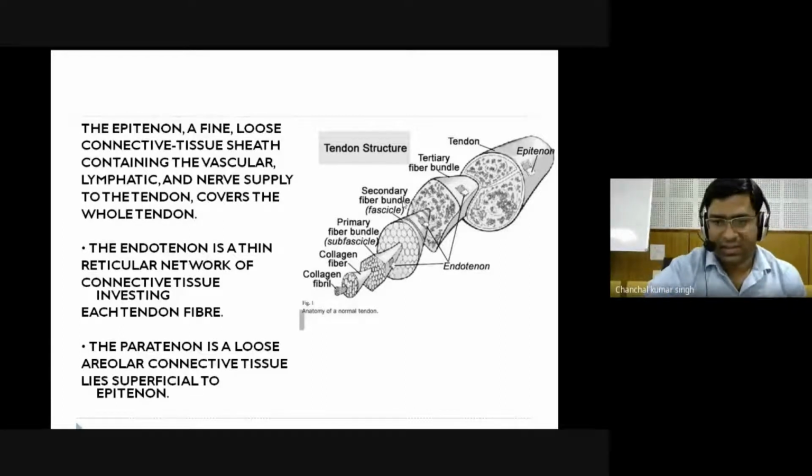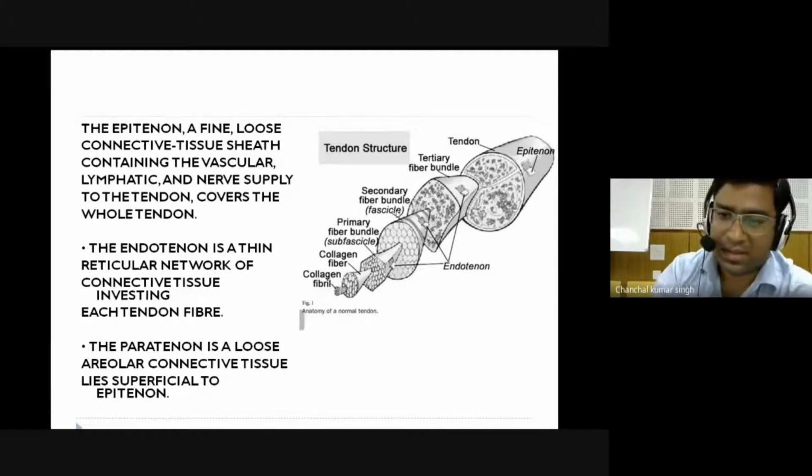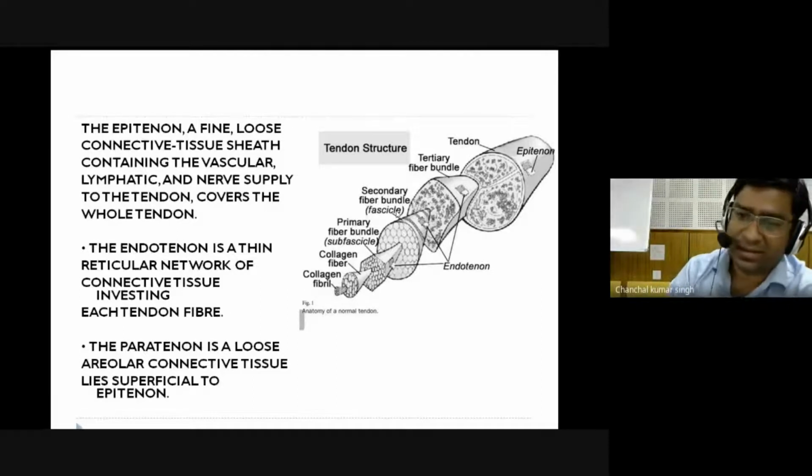Then you have the fascicle. A fascicle can sometimes be appreciated in bigger tendons such as the quadriceps and tendo-Achilles. You can see a fascicle with the naked eye, which is covered by endotenon. Then you have peritenon for a tertiary fiber bundle, and the whole tendon is covered by epitenon.